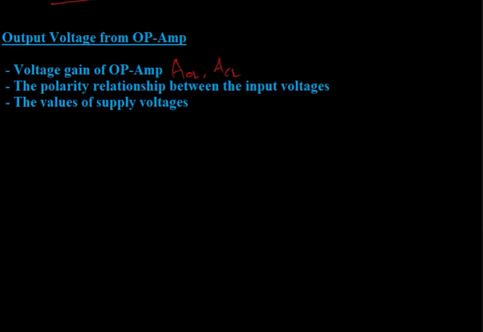The second one is the polarity relationship between the input voltages, and the third one is the values of the supply voltages. So to discuss it, let's consider an operational amplifier. Suppose this is the inverting terminal, this is the non-inverting terminal, and this is the output terminal.